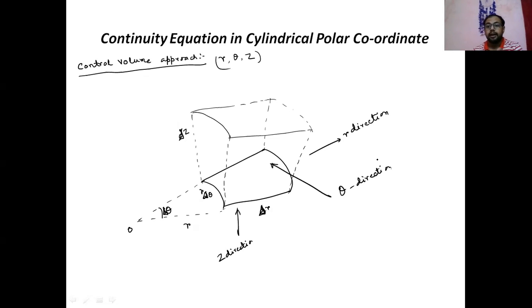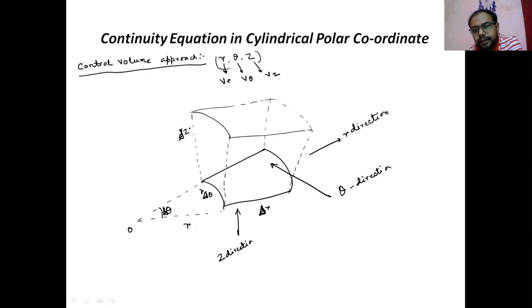Okay. Now the thing is coming in this way. What is the velocity here? Along r, the velocity is vr. Along theta, the velocity is v theta. Along z, the velocity is vz.